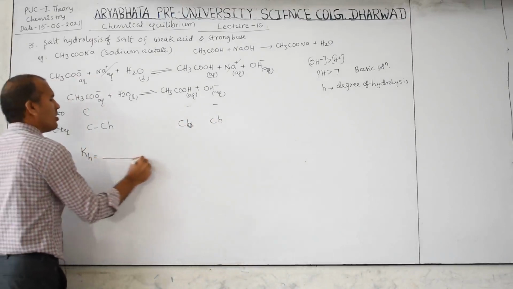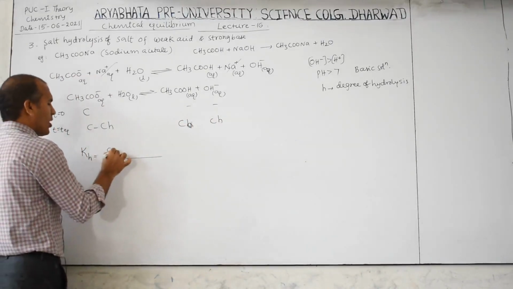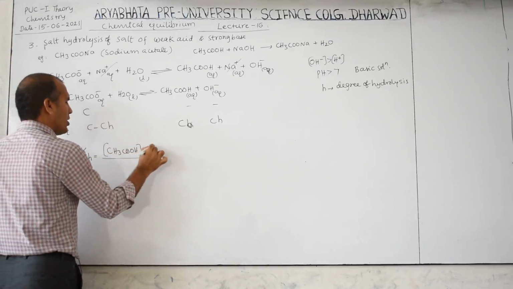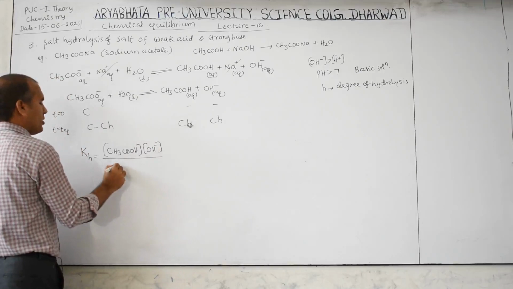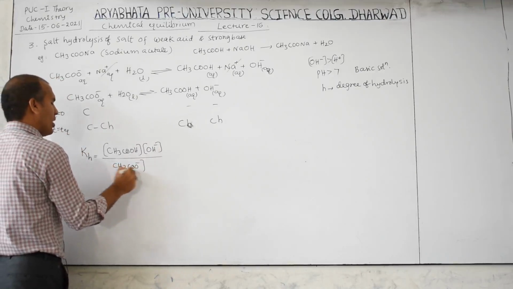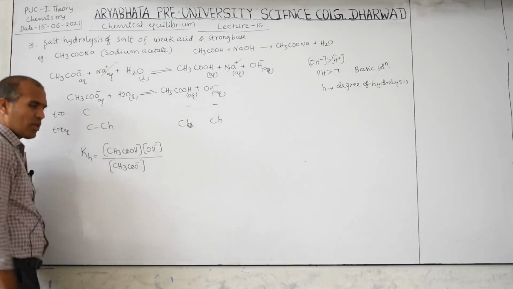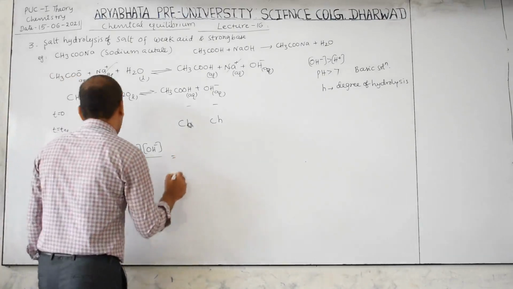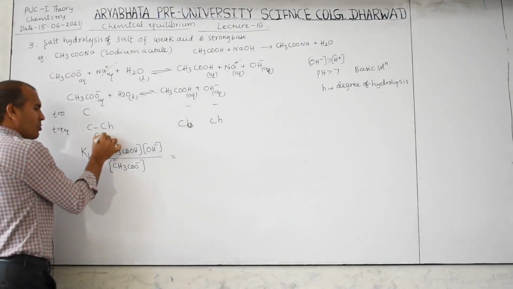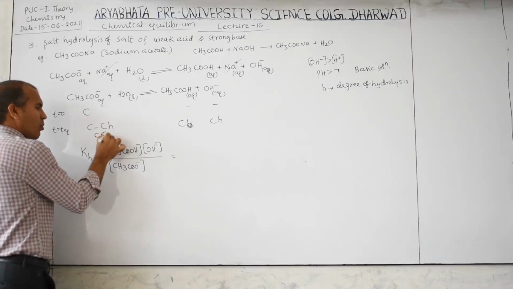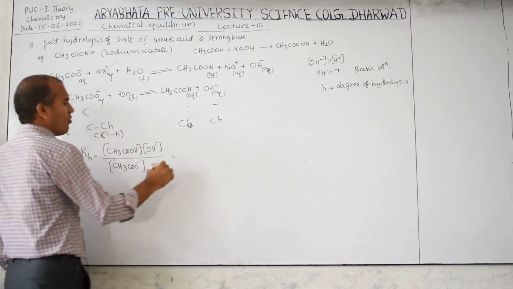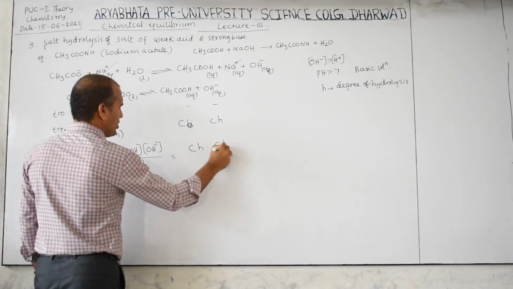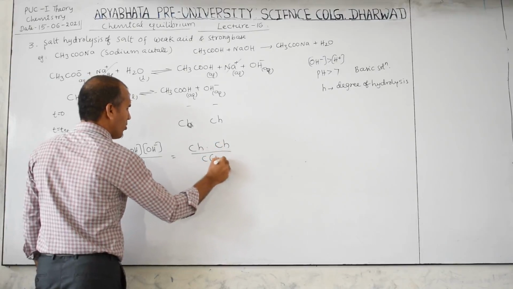Now we know that Kh is equal to products by reactants. Here the products are the CH3COOH concentration and the OH minus ion concentration, over the CH3COO minus ion concentration. Pure liquids we generally do not include in this expression. In the same way, taking C common, the denominator is C into 1 minus h. Therefore we can write Ch into Ch by C into 1 minus h.